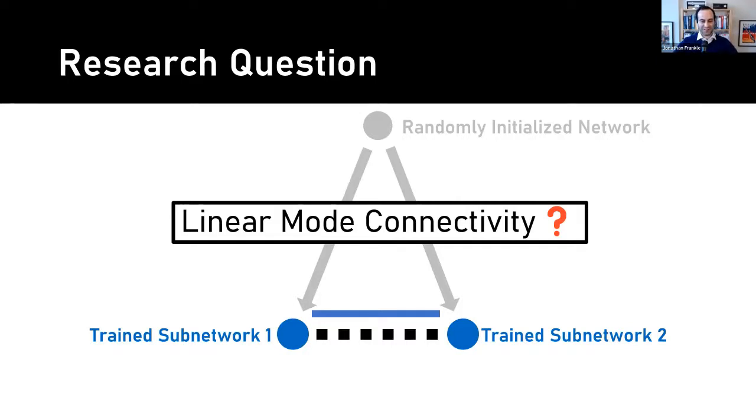So why is linear mode connectivity interesting? Why should we care about it? Well, number one, it's a stricter property than mode connectivity. Mode connectivity seems to just show up in general. On the hardest neural networks from two different initializations, you can find connected modes. Linear mode connectivity is stricter. It also gives us a lot of power. We end up with this convex region if we find linear mode connectivity. We can ensemble networks merely by interpolating between their weights or averaging the networks.